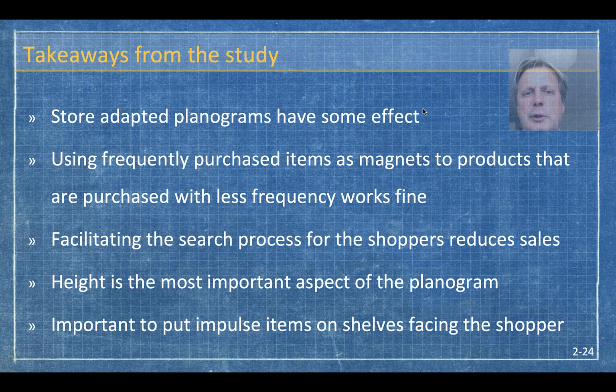So if these are 2 shelves and you come walking, this would be the eye-facing and this would be the back-facing side of the aisle for that category. If you take, for instance, cookies and crackers, cookies would be impulse, crackers would be planned. So you put the cookies there and the crackers there.